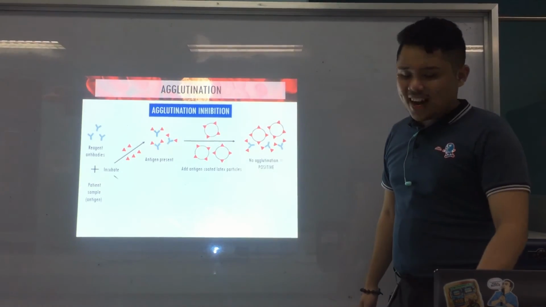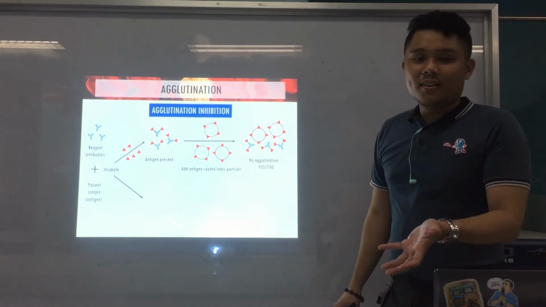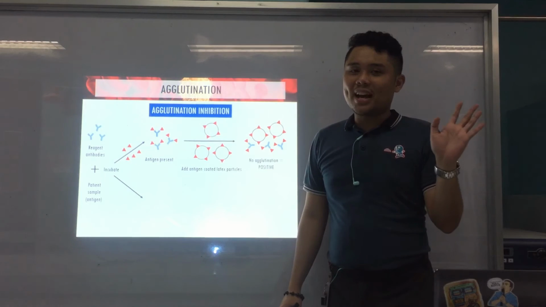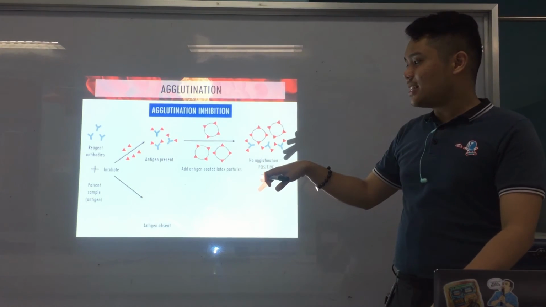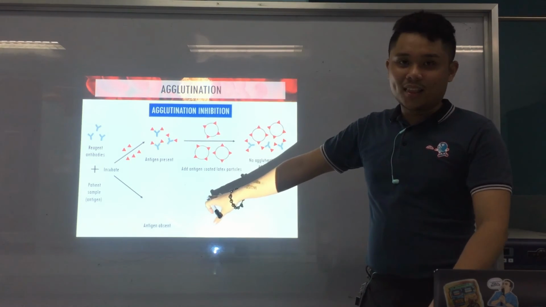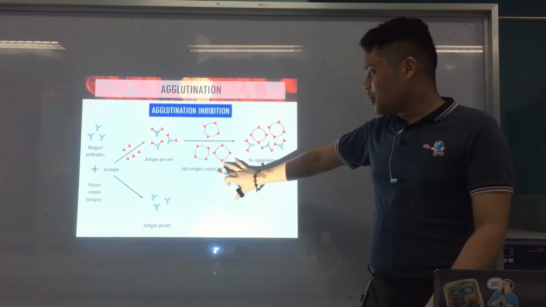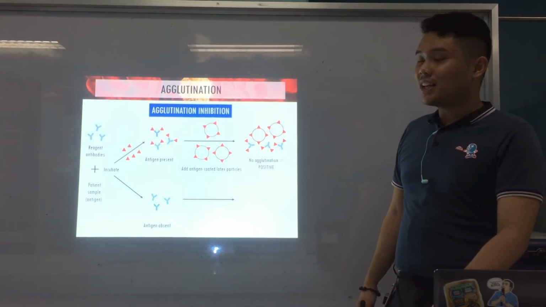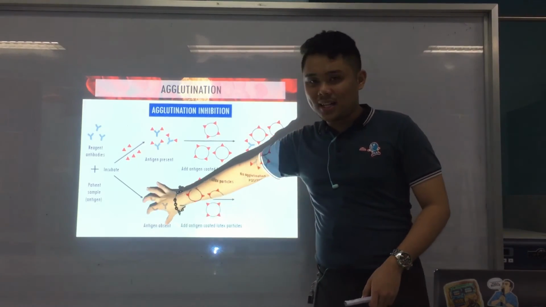Alright. Now, another scenario is, let's say the patient doesn't have the antigen. So, you now understand what the expected results are. Of course, when you add the reagent antibodies, there is no antigen present, so nothing binds to your reagent antibodies. So when you add the antigen-coated latex particles, the antibodies are free.